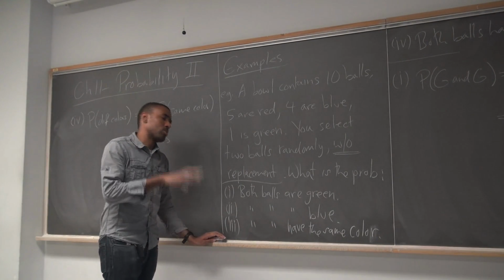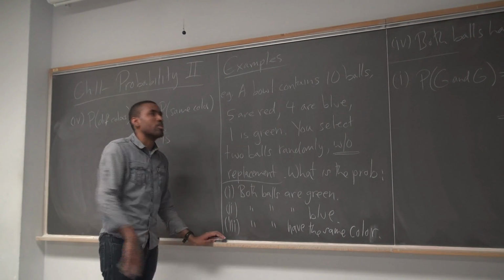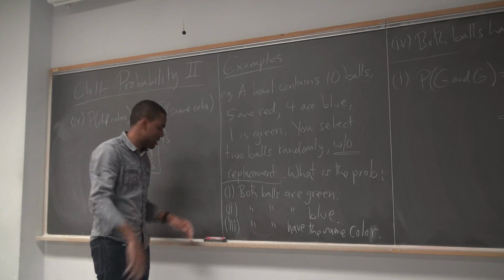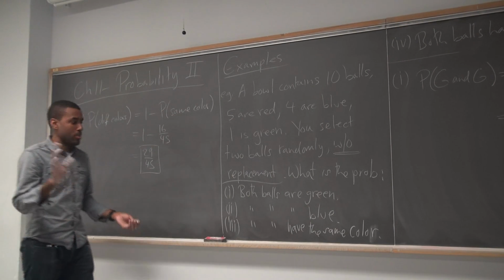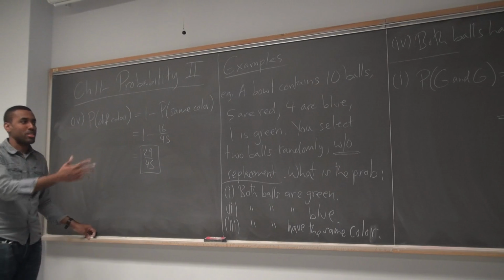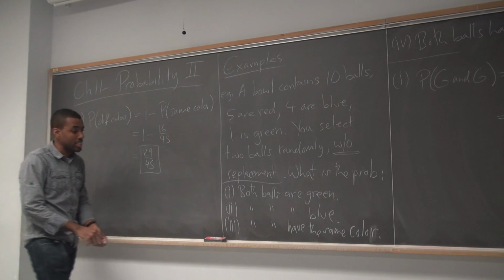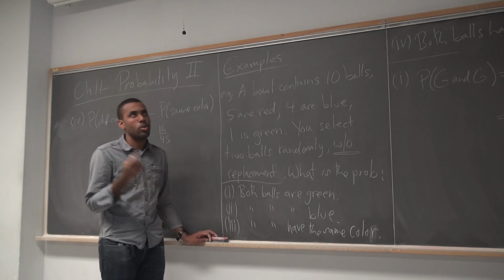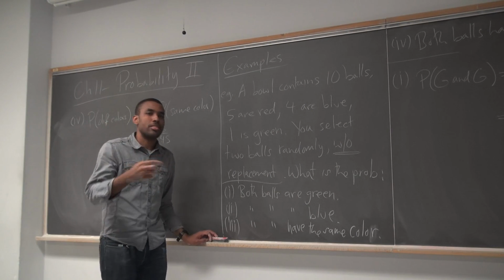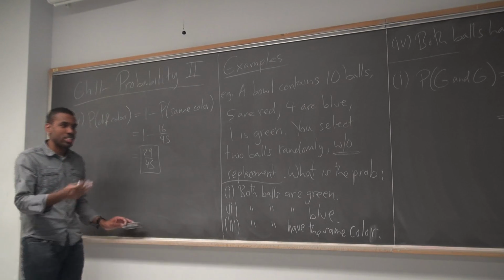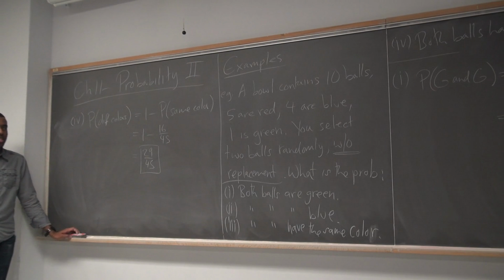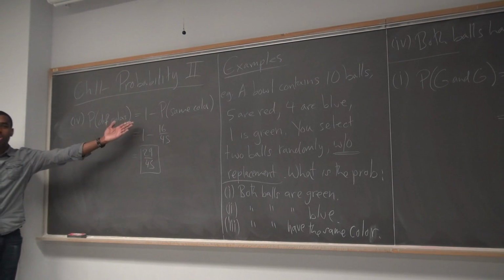Because then you'd have to worry about switching the order. If I pick the red first, or if I pick the red second, and there are 2 different reds. Yeah, there are 2 different ways to choose a red for any given possibility. It just gets crazy. So whenever that happens, you start to think, well, what if I look at the opposite? Because figuring it out directly is sort of nasty. So that's a hint for when you want to use this.